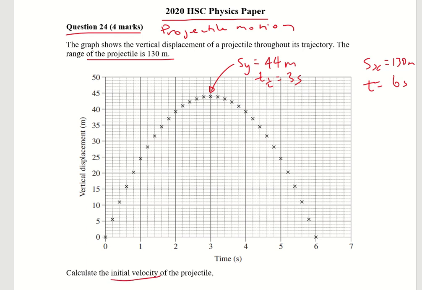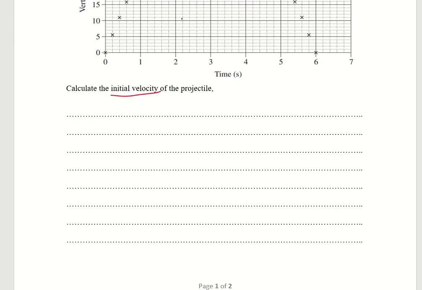Now, we have displacements, but we do not have the initial horizontal and we do not have the initial vertical. So that's what we need to find out. To start off, the first one I'm going to do is the initial horizontal because that's pretty easy to do. 130 equals ux times 6.